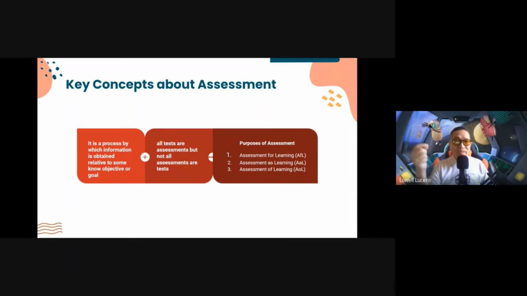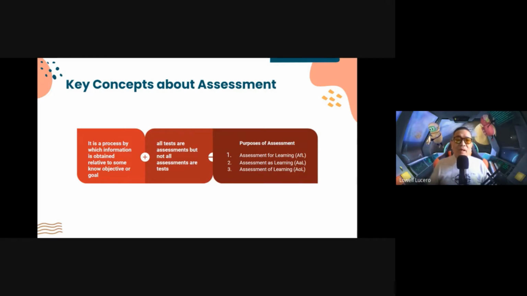You want to assess if na-achieve ba yung objective or not. Because, as I've said, yung sa cyclic process, yung data will help you, no? If you analyze mo yung data, it will help you improve not only the performance of the student, but also your performance as a teacher. Okay, so I hope you have absorbed the idea or the concepts on assessment.